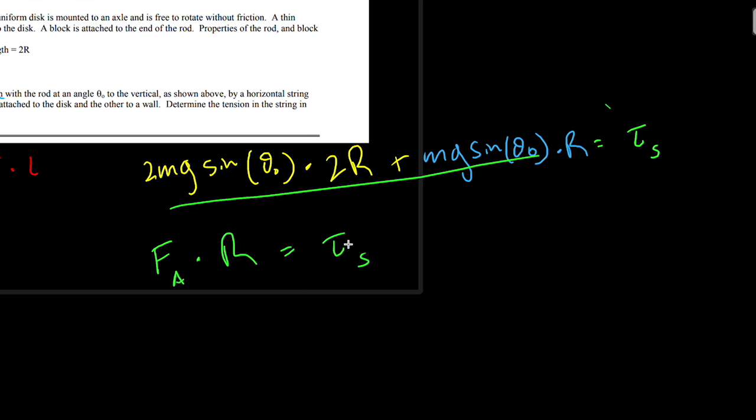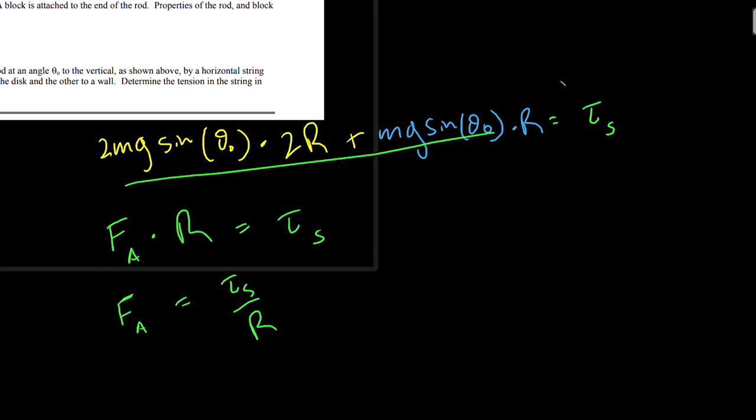Okay, and then we want to isolate FA because that's what's equal to the force of tension. This is going to be torque of S divided by r, meaning we just need to divide all this by r, and we're going to get our FA. So I'm just going to rewrite this and do a lot of factoring. We could take out an mg sine theta naught, and we have 4, and then we have a 1.